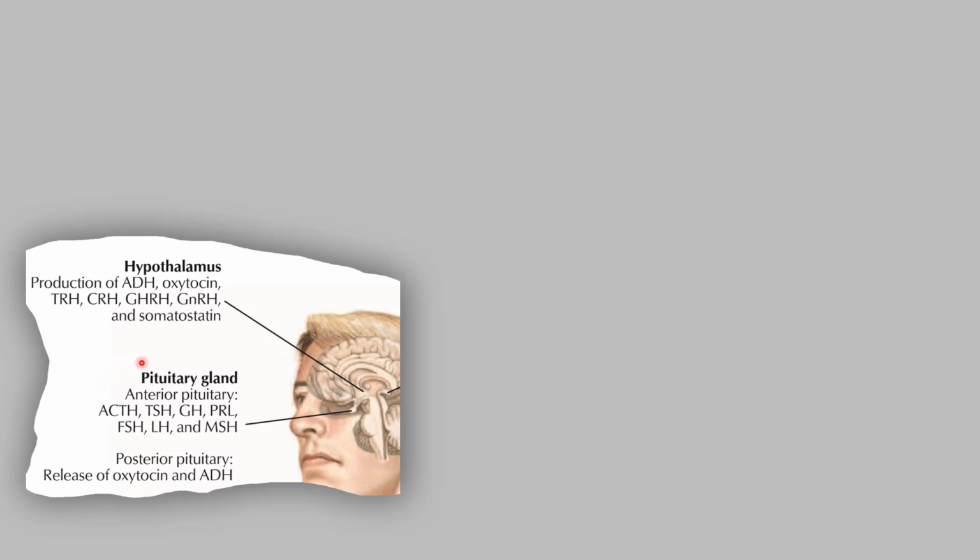It is directly controlled by the hypothalamus, by release hormones like thyrotropin releasing hormone, corticotropin releasing hormone, growth hormone releasing hormone, gonadotropin releasing hormone, or inhibiting hormones like somatostatin. All these hormones are secreted in the hypothalamus. They should reach the anterior pituitary from the hypothalamus, as there is no direct nervous anatomical connection.